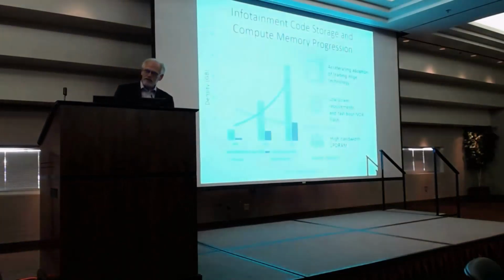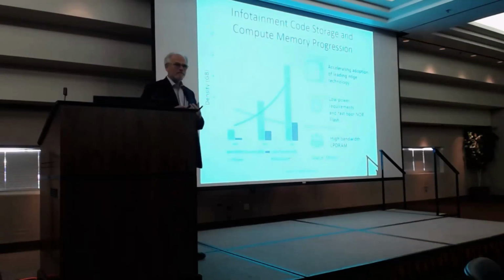And some of the things that the memory is being used for, this is the code storage, okay? The code that makes the thing work. Projections are that the amount of DRAM density, that's the actual storage capacity, and the amount of code are increasing, going from 2010 to 2015 out to 2018.